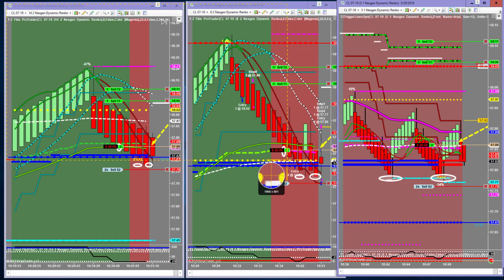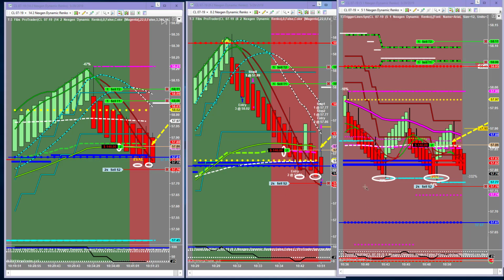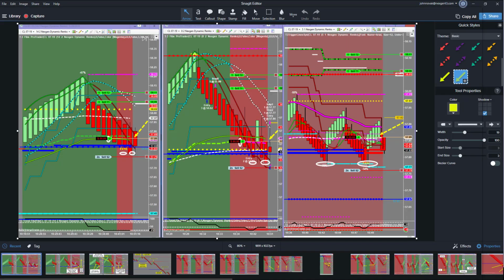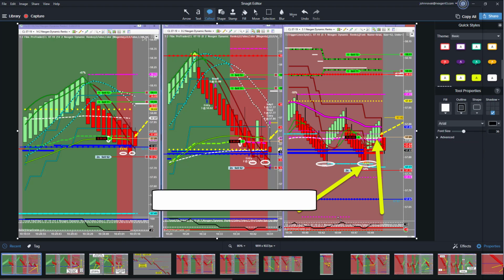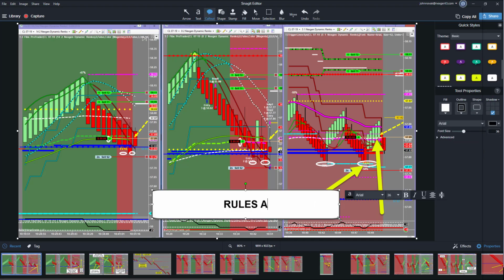When you take a picture and you say, John, I bought right here, and you post it in, then I'm going to say, our rules are met over here. Rules are met at 57.78, and the risk for the rules equals 2 ticks.